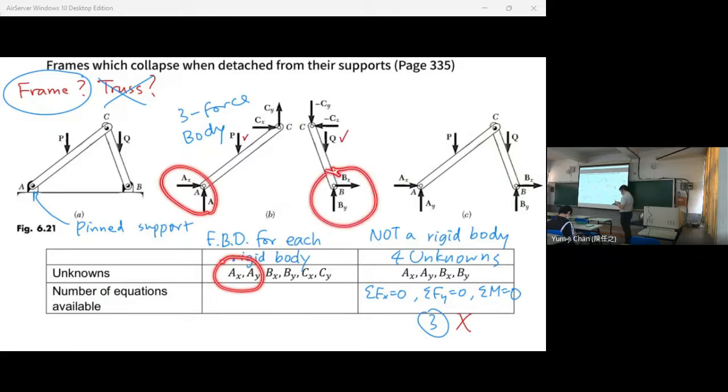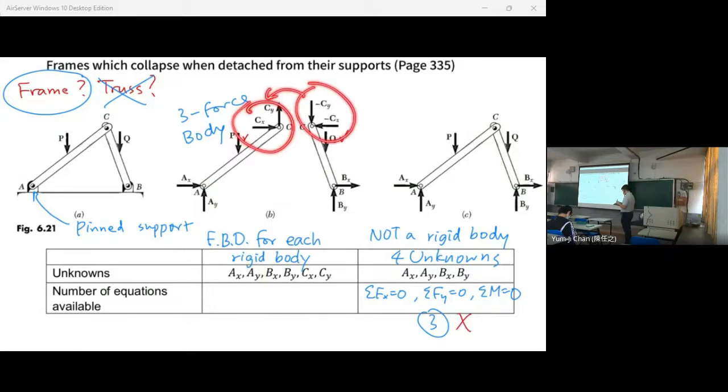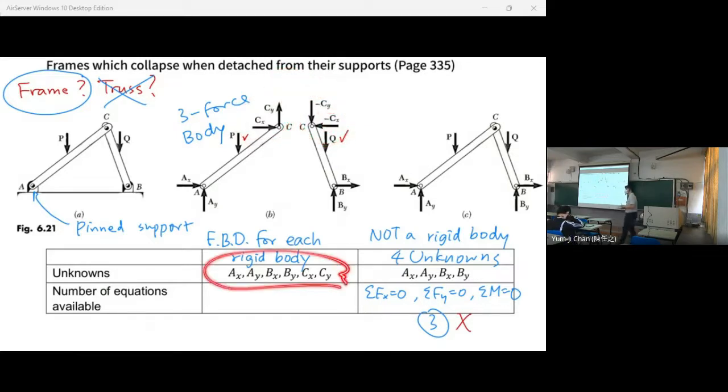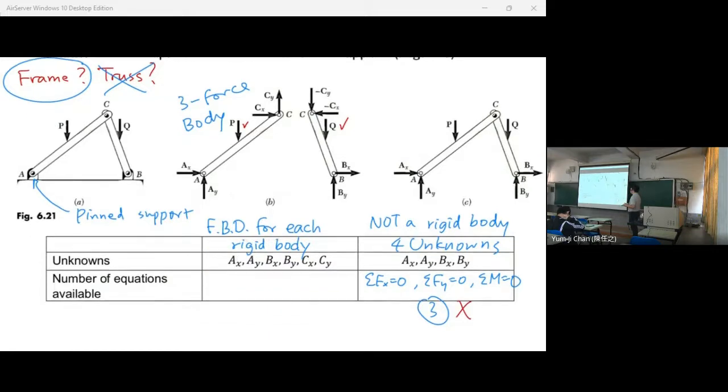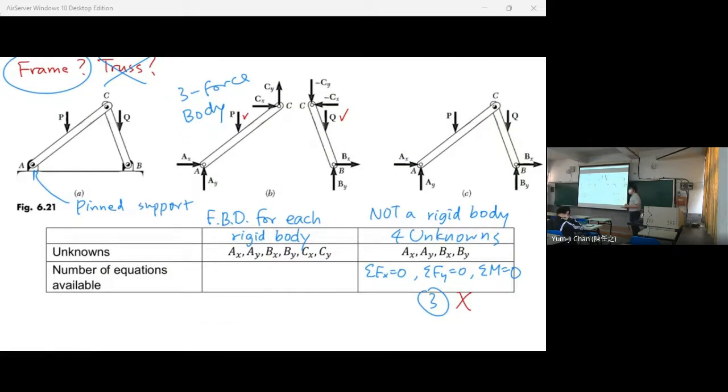And because we have forces acting from the right hand side to the left hand side, we have CX and CY, and by action and reaction, we have minus CX and minus CY. So we have 6 unknowns.